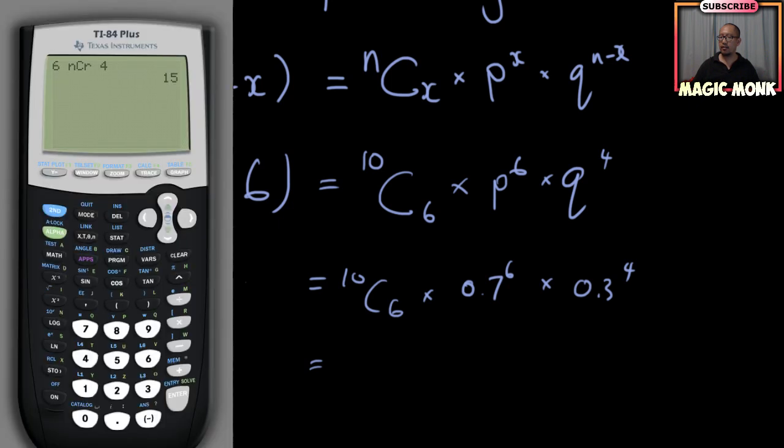So then you go 10 C, so math, probability, NCR, 6 times 0.7 to the power of 6 times 0.3 to the power of 4.